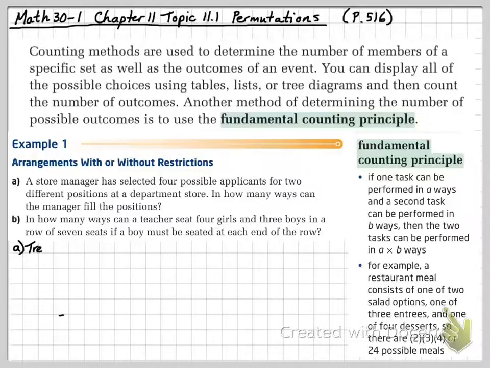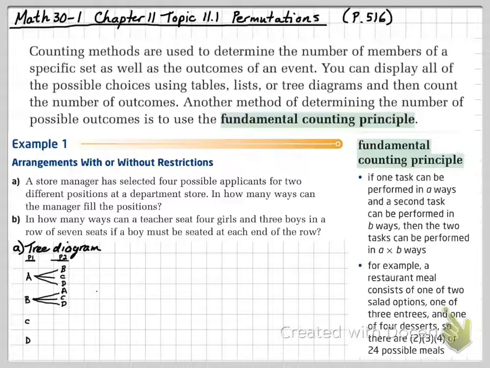Here we go. In A, we can make a tree diagram. For position 1, we can have the choice of all 4 candidates, A, B, C, or D. But for position 2, if we hired A for position 1, that would leave us a choice of B or C or D. If we chose B for position 1, that would give us a choice of A or C or D for position 2.